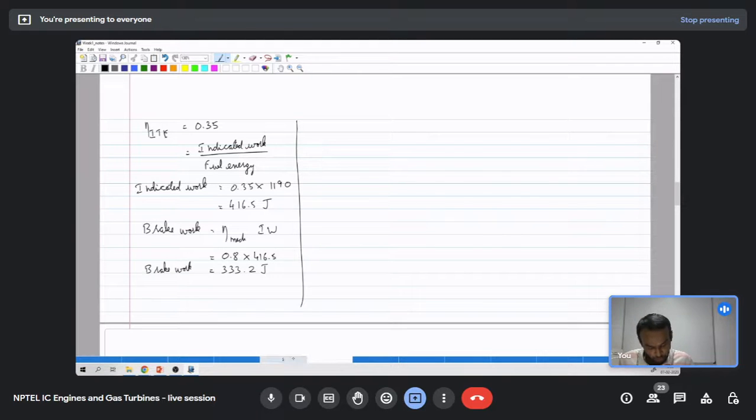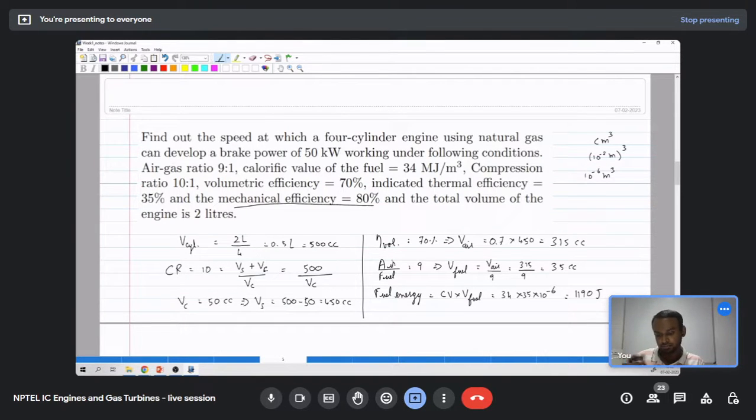Now we have been told that the engine can produce a brake power of 50 kilowatt using 4 cylinders, and so far we have been dealing with a single cylinder, and we need to find what would be the brake power.